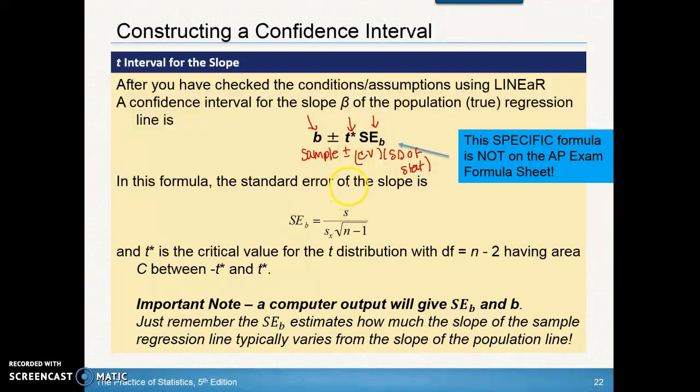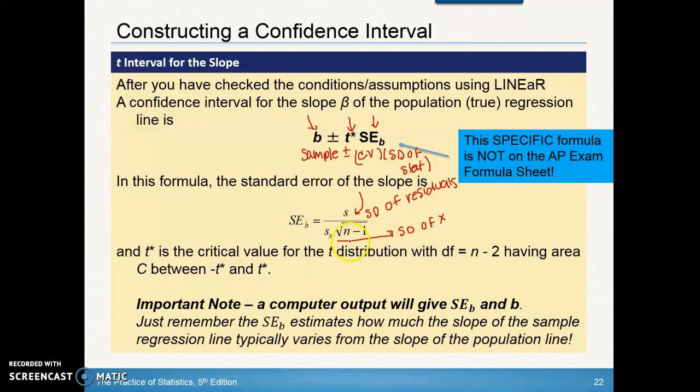Now, how do we find the standard error of the slope? If you're not given that information, there's actually two formulas you can use. Here, this s is going to be your standard deviation of the residuals, and you'll get that on your graphing calculator every single time. This s of x is your standard deviation of x values, which you can get from your graphing calculator.